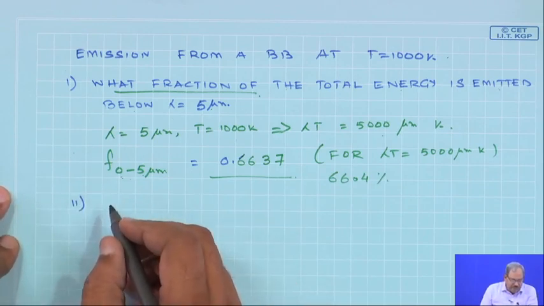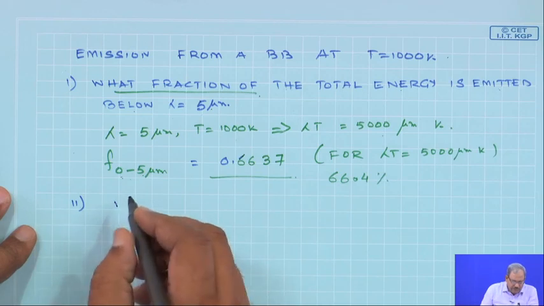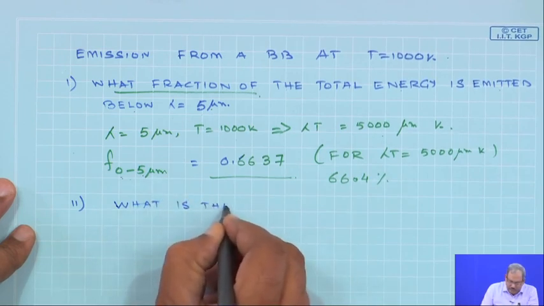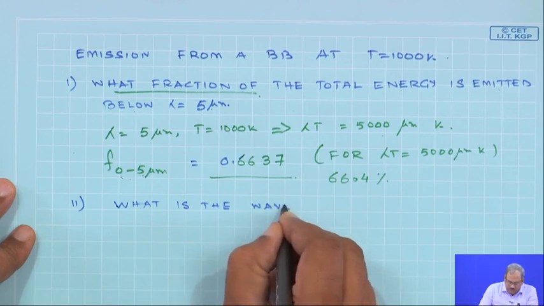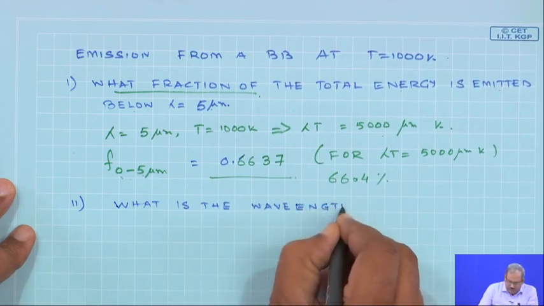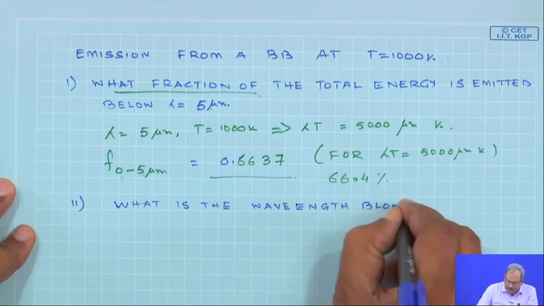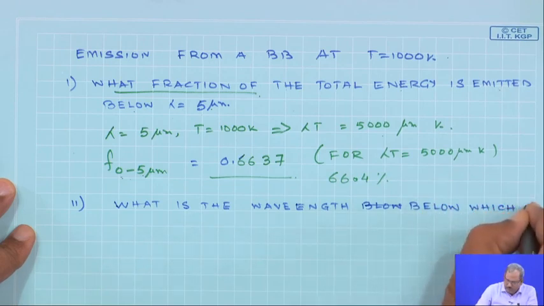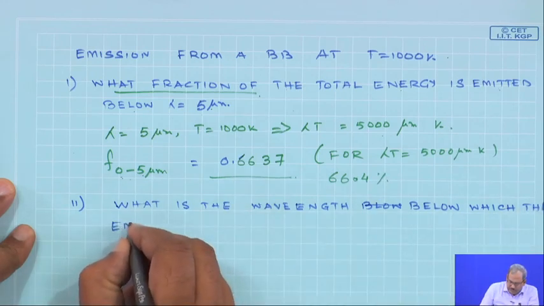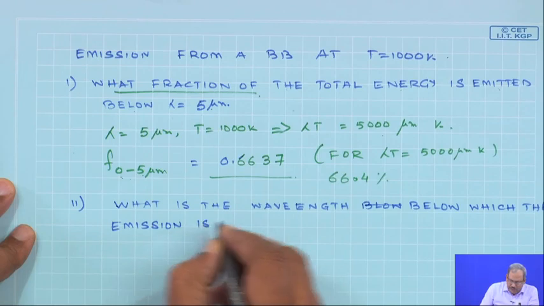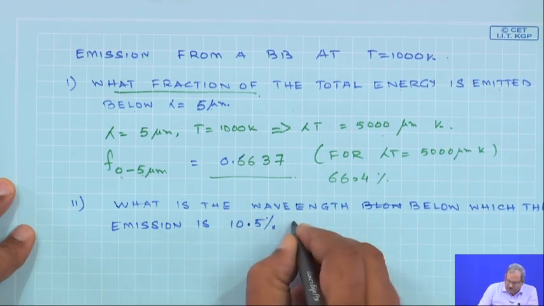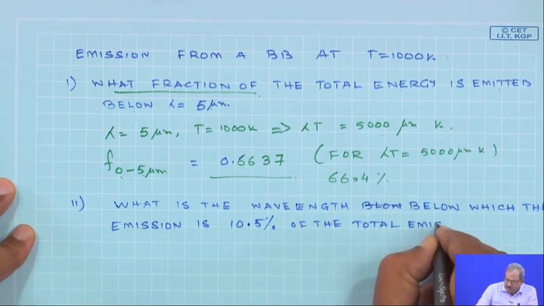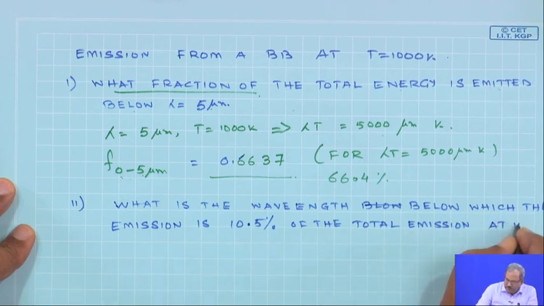The second question is what is the wavelength below which the emission is 10.5% of the total emission at 1000 Kelvin.